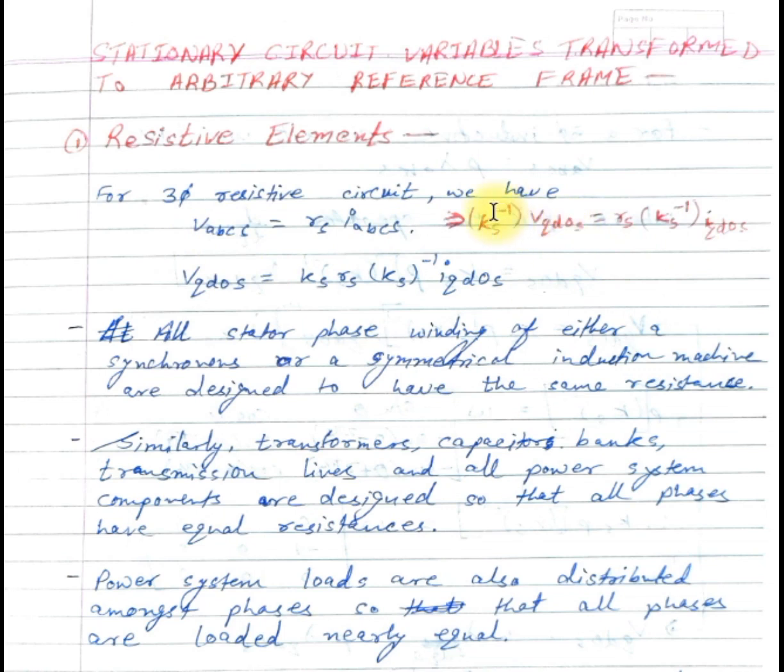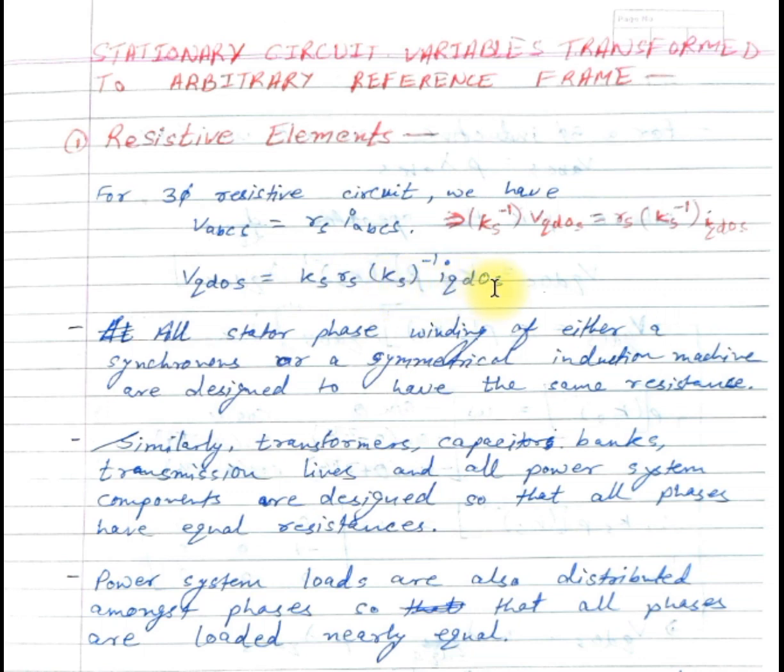We simply need to take the Ks inverse term on the right hand side, which becomes Ks. So V of QD0S is equal to Ks into Rs into Ks inverse into I of QD0S.